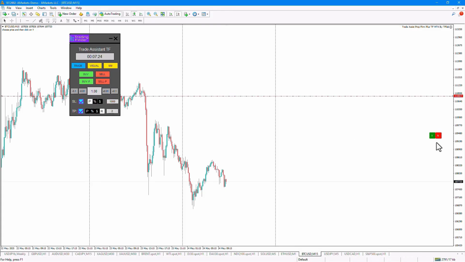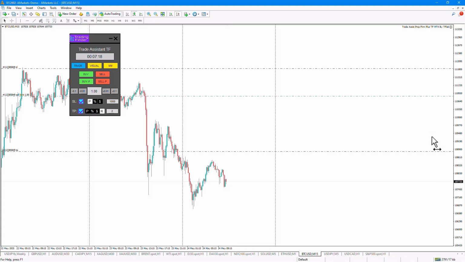To set a pending order, by selecting the no option, the pending order is cancelled. And by selecting the SS option, the pending order is set for me based on the settings I've configured in this section. The trade volume is selected for me. The stop loss or take profit is also displayed accordingly.